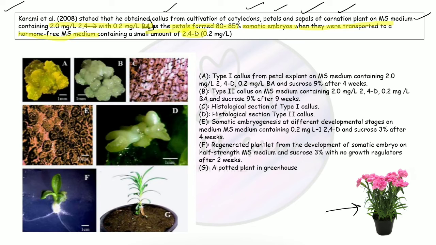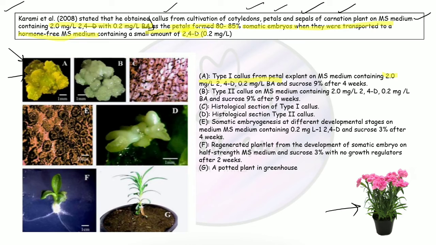I have also taken the pictures from their research paper. You can see here, they got these wonderful results. For example, in picture A, you can see the callus obtained from petal explant, and you can see the phytohormone concentration as well.